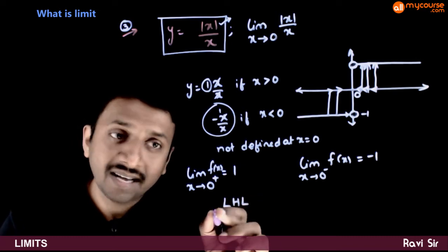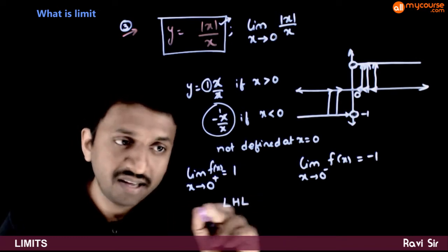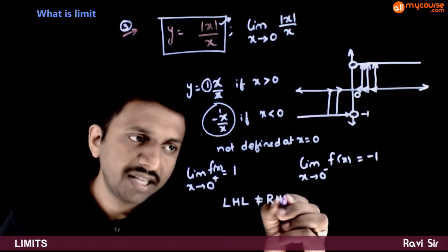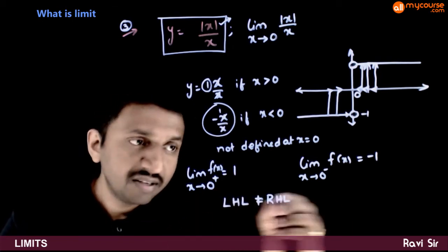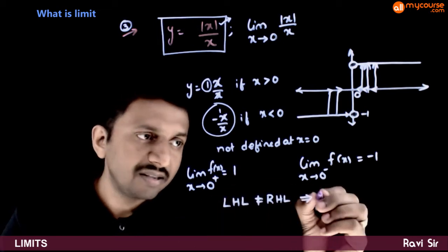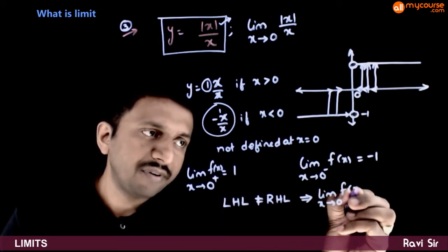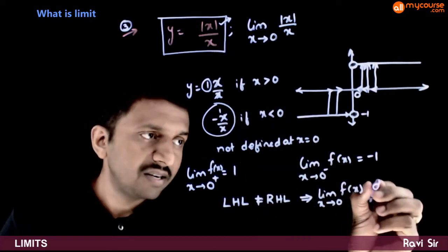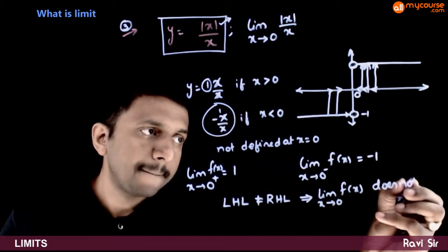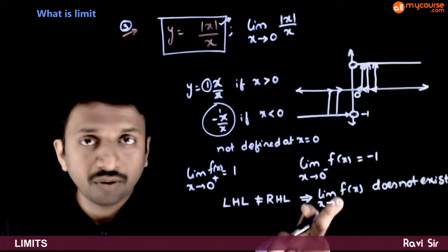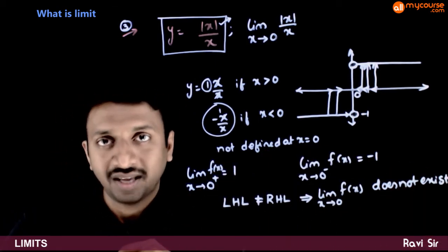The left hand limit, LHL, is not equal to the right hand limit, RHL. So this implies limit x tends to 0, f of x or mod x by x, does not exist.